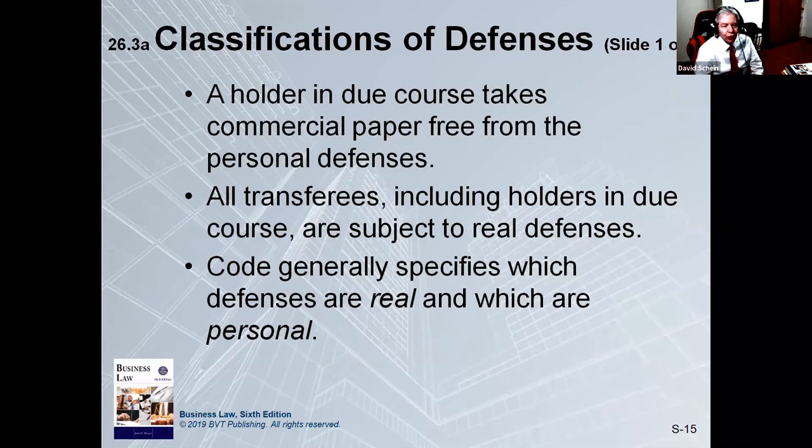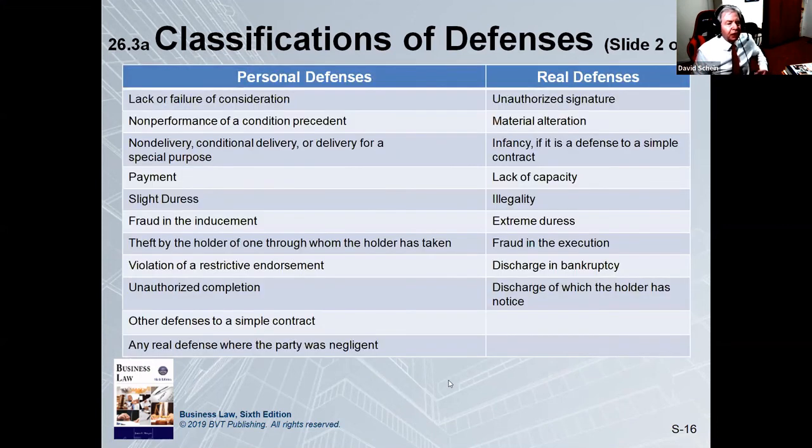A holder in due course takes commercial paper free from personal defenses. All transferees, including holder in due course, are subject to real defenses. Now, these are important concepts: personal defenses versus real defenses. And this is where I wanted to get to.